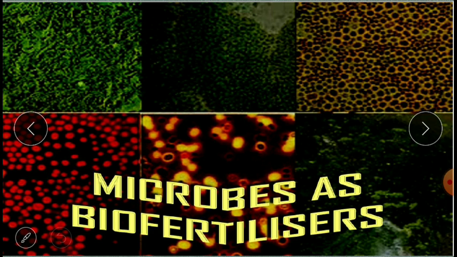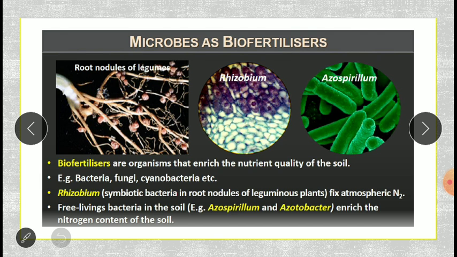So microbes are used to do this work, to enrich or increase the quality of the soil. So let us see these microbes. Biofertilizers are organisms that enrich the nutrient quality of the soil.